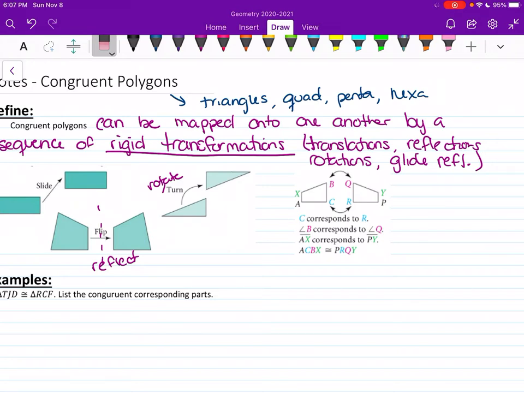So C corresponds to R, angle B corresponds to angle Q, segment AX corresponds to segment PY, and therefore when I write the congruent statement, I want to make sure I put the order of the letters the way they correspond. So ACBX would then be congruent to PRQY.